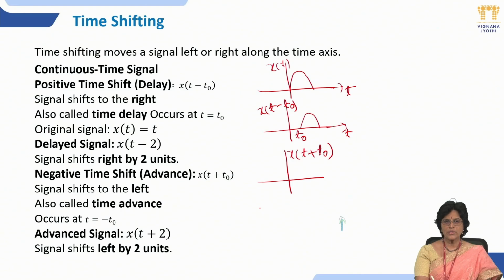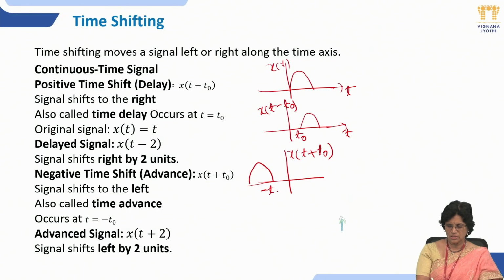Now the entire signal is shifted towards the left by t naught units. Instead of starting at 0, the entire signal shifts left. That one we call advance. Advance is always shifting towards the left.